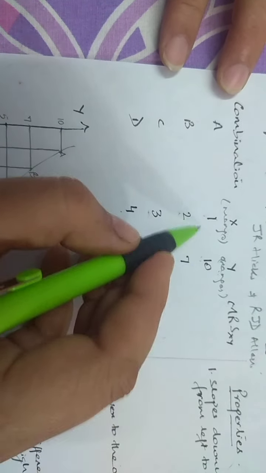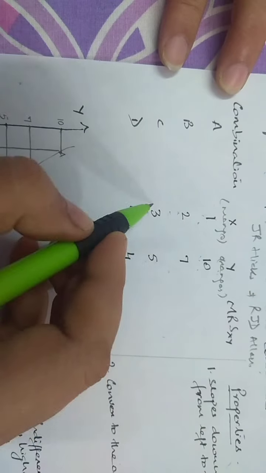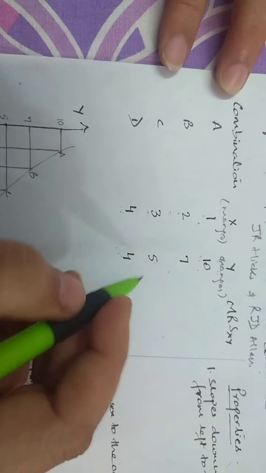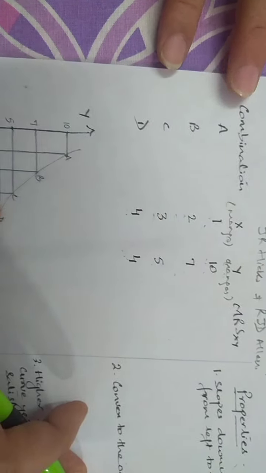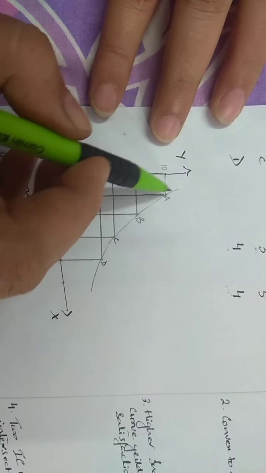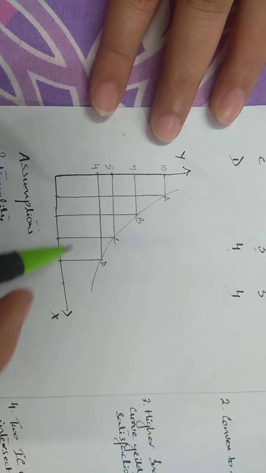All these combinations of X and Y will give him the same satisfaction. So this is the indifference curve.